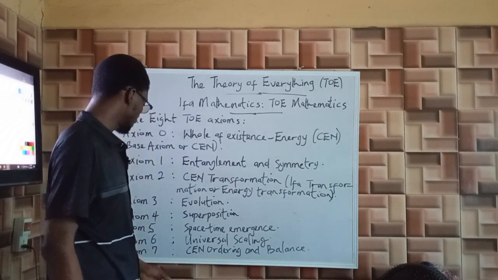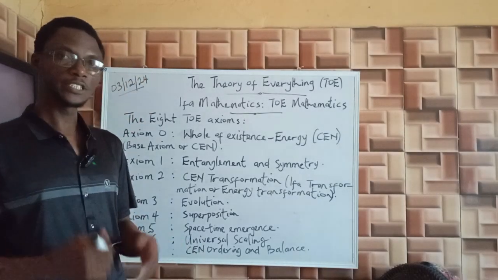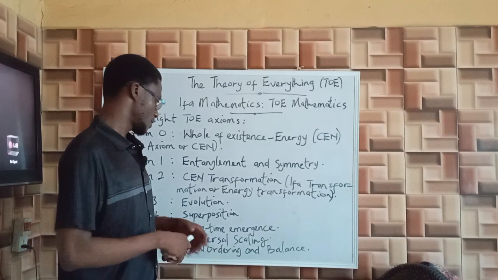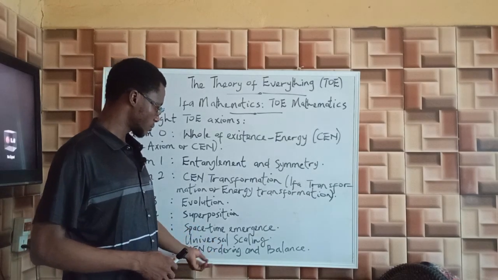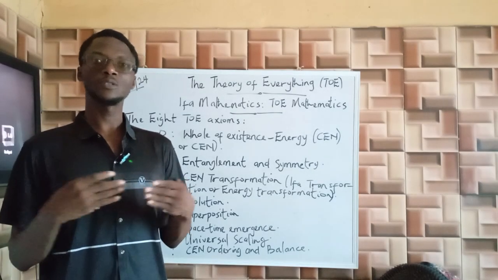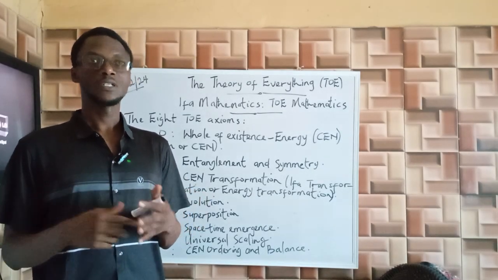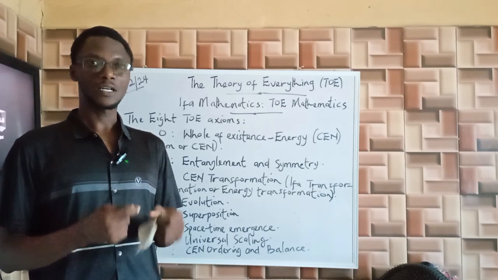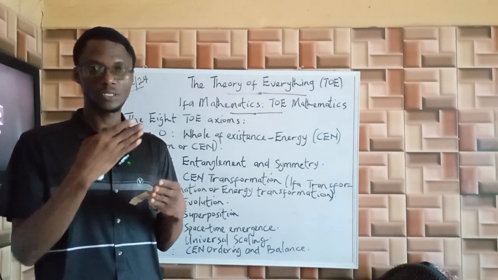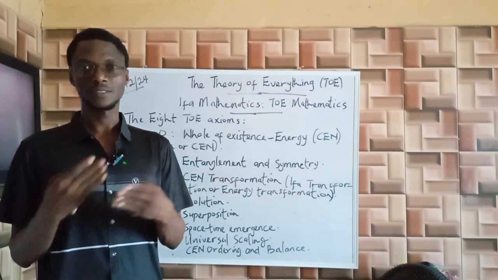So this axiom states that all things in existence, in the universes or multiverses, occur in cycles. Everybody is familiar with the cycle of day and night. That is the cycle that we are all familiar with. We are also familiar with the cycles of birth and death, from when someone is born to when they die, that's another cycle.